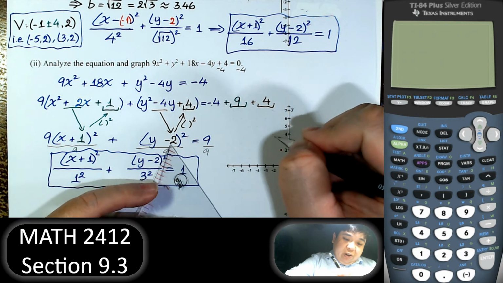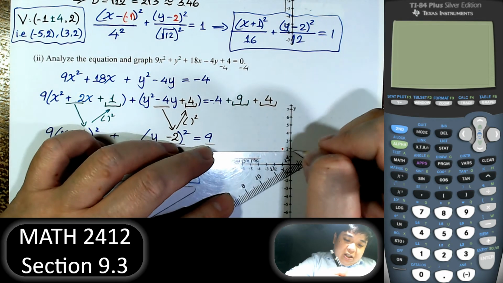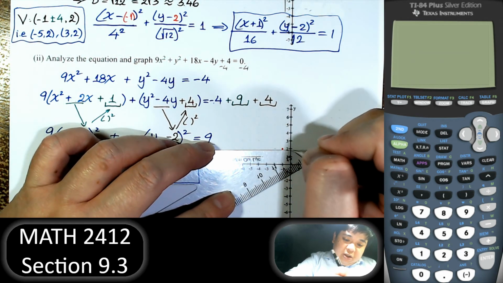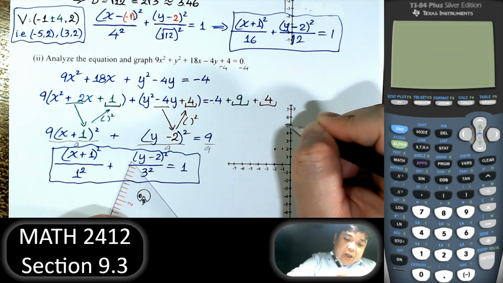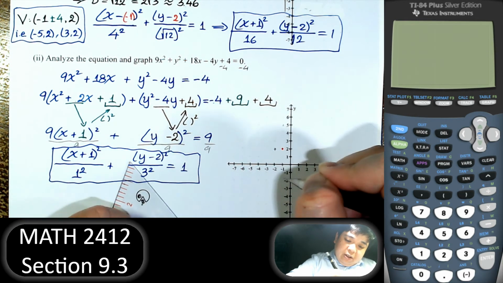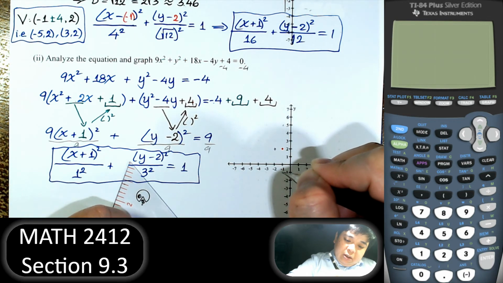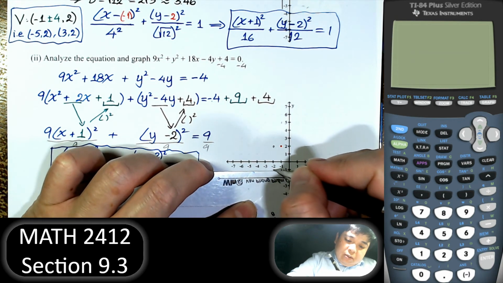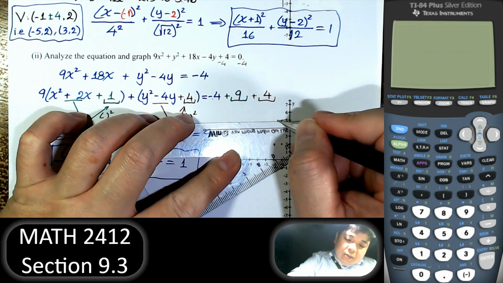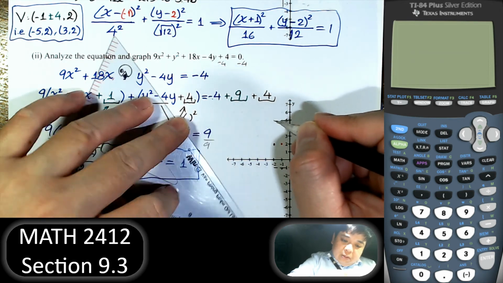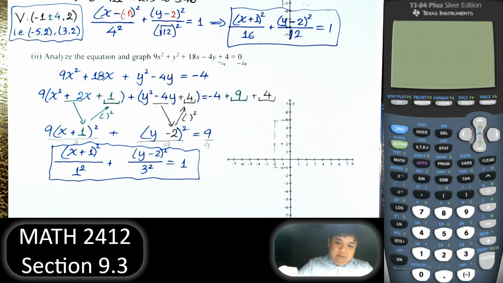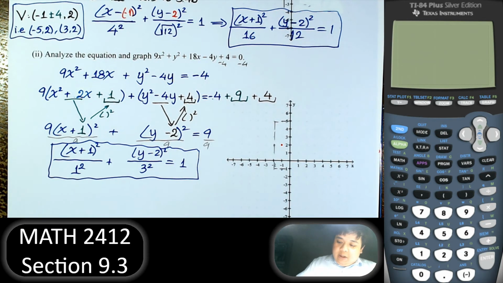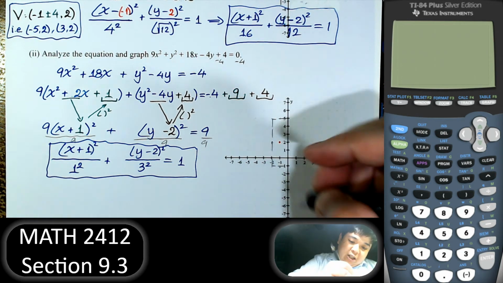If we don't need to find the foci or the vertices, the graph will be easy. 1 left and 1 right, 3 up and 3 down. And then the ellipse will be inside this box.